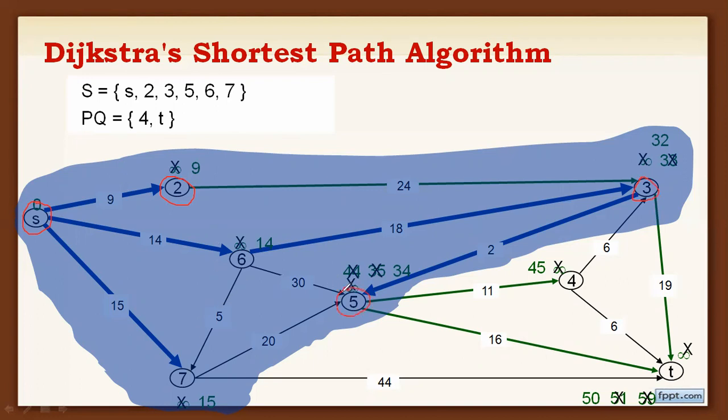That means we have successfully found the minimum weight. 6 also visited, minimum route found. 7 also visited. These vertices are visited. And the only leftover vertex to be visited is 4. We need to calculate the minimum cost for that vertex also, and we'll see how to calculate the minimum distance of that vertex next.